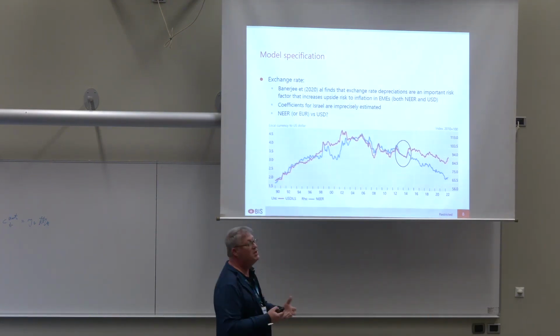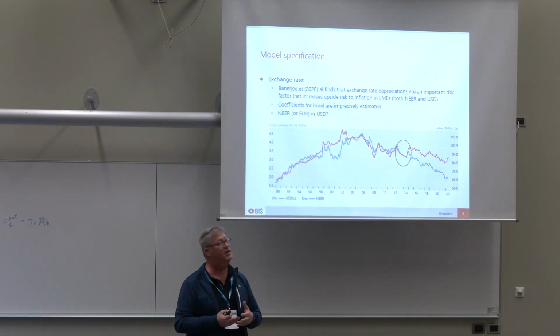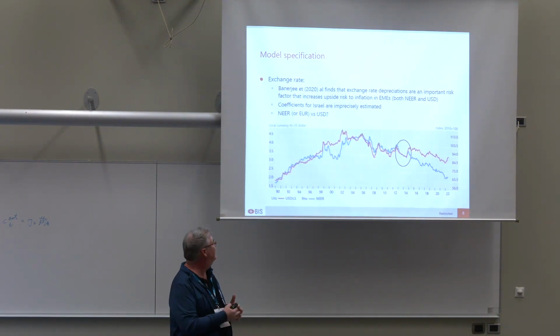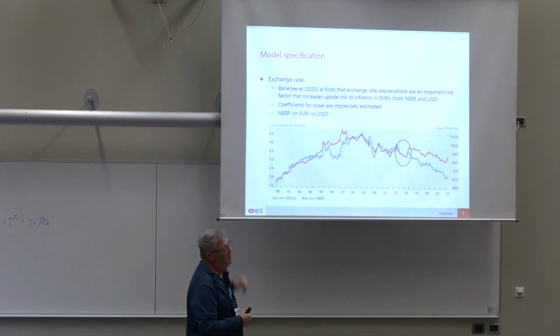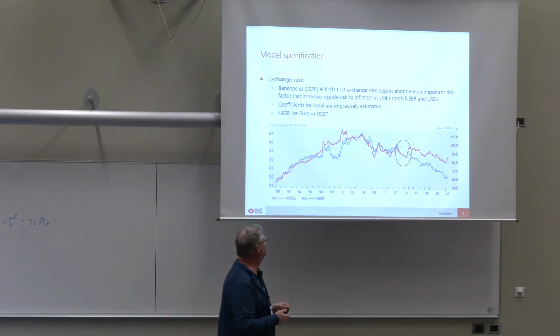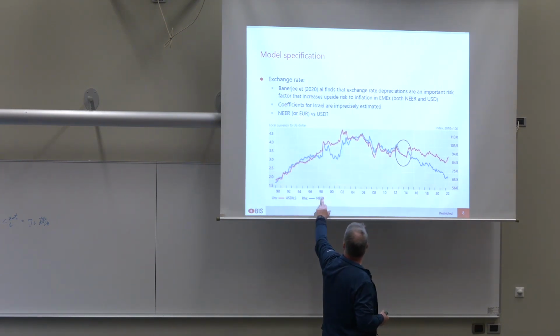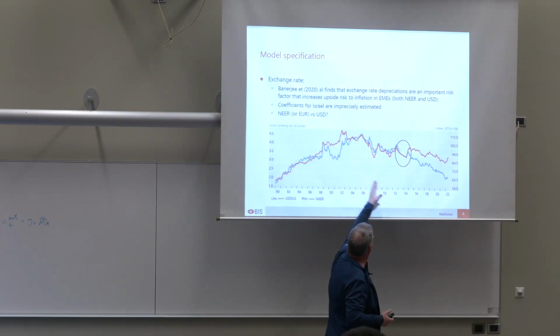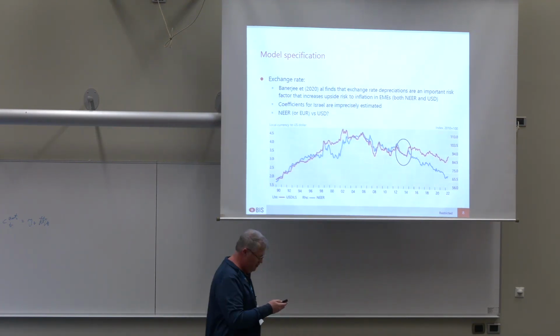Now the question is, what is the relevant measure of exchange rate in your model? The US dollar might be relevant for financial conditions, but for explaining inflation, maybe the euro might be more important. I don't know exactly, but a measure of the nominal effective exchange rate. And the US dollar and nominal effective exchange rates track each other relatively well from 2004. Then there is something going on here. So I don't know if that might be relevant for your model.